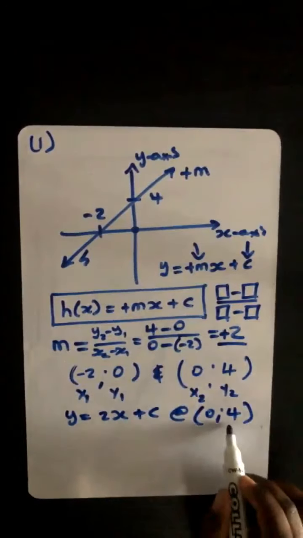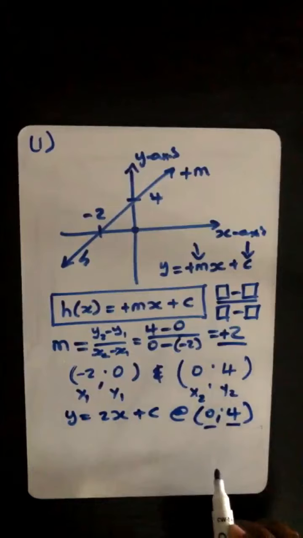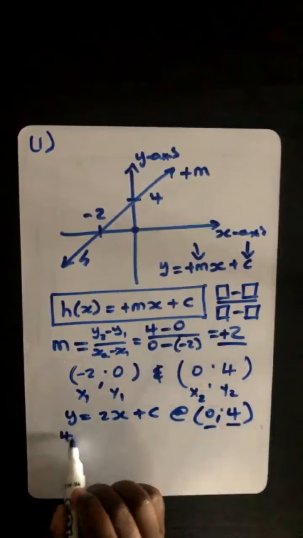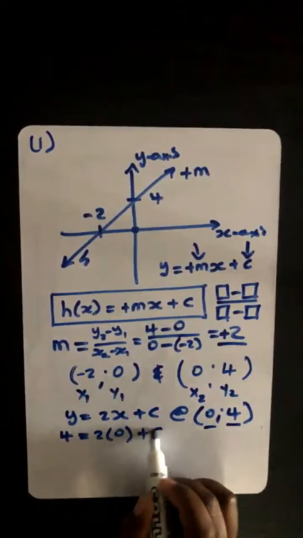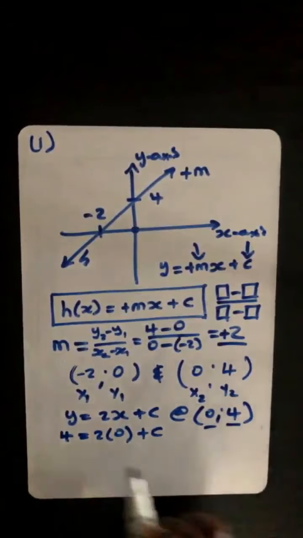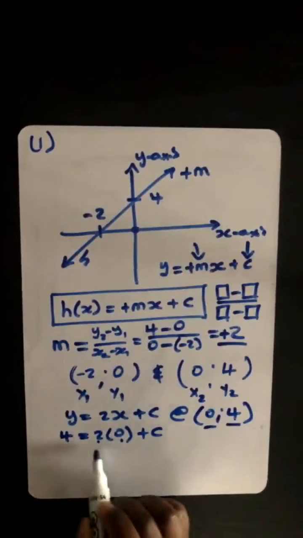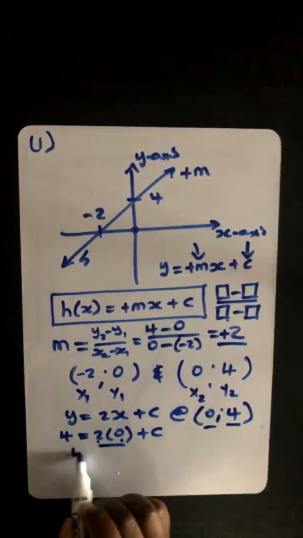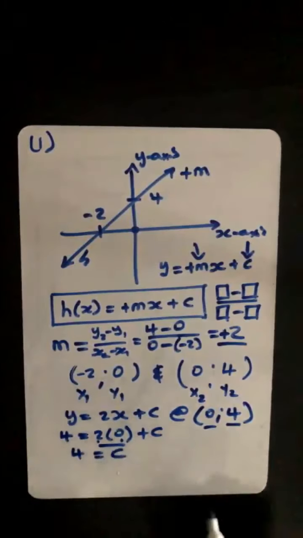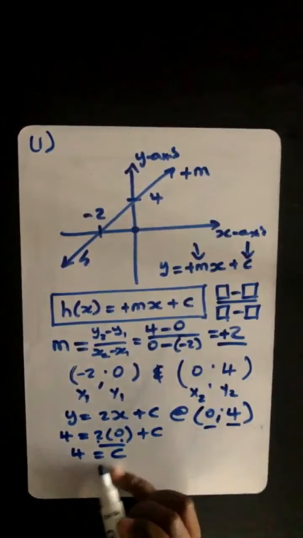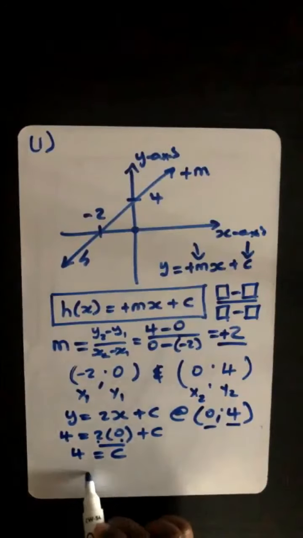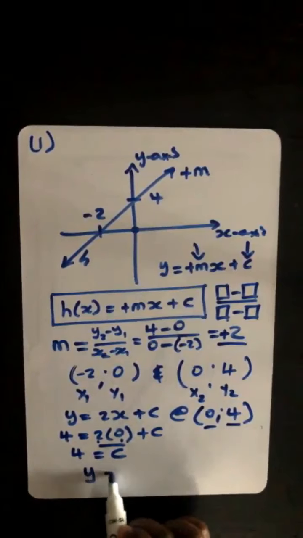So that means we have 4 equals 2 into 0 plus c. Obviously 2 times 0 equals 0, so you have 4 equals c. Can you see, guys? Our c value is a positive value. So that means our equation is y equals 2x plus 4.